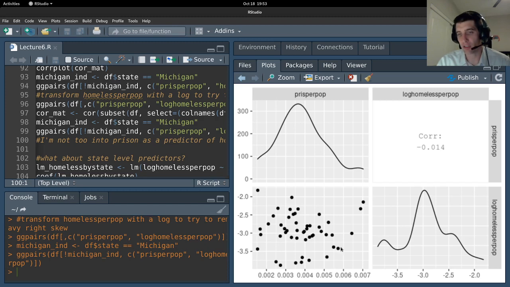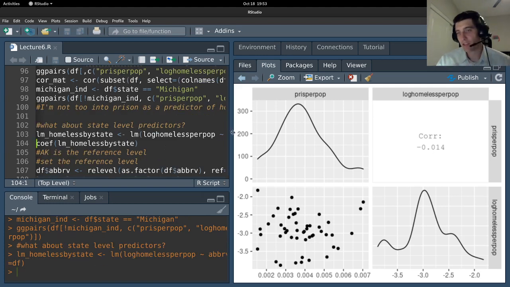And what that does is reduce some of the right skew again. But in general, I see that the relationship between homelessness rates and incarceration rates doesn't seem to be doing much. Maybe there's a slight negative trend here where more incarcerated means lower homelessness rates, but there doesn't seem to be any strong trend between the two of them. That's supported by this correlation number as well.